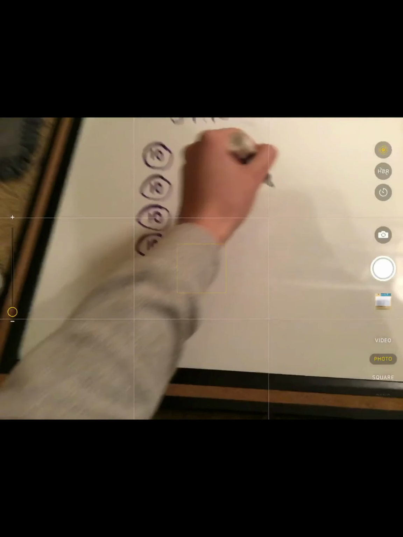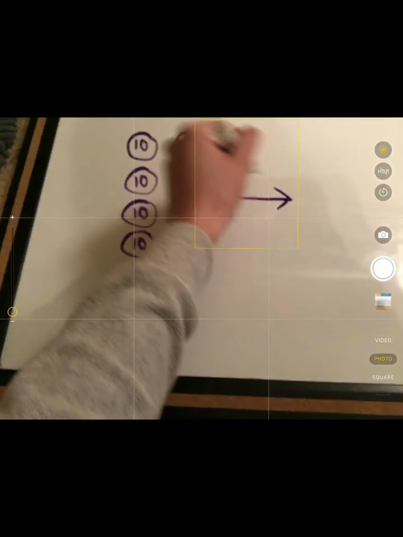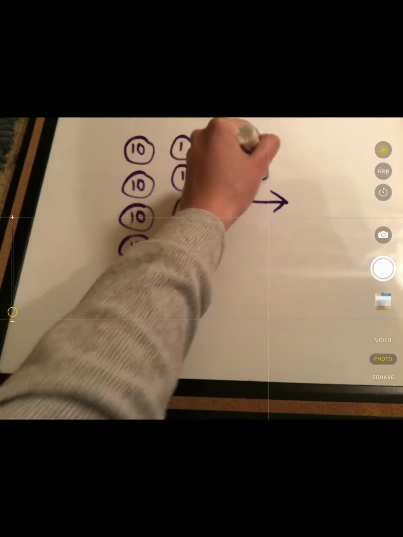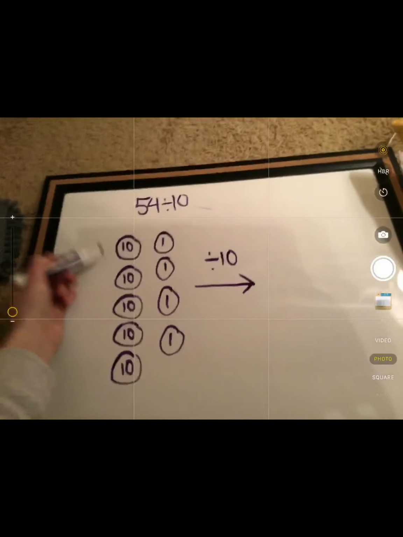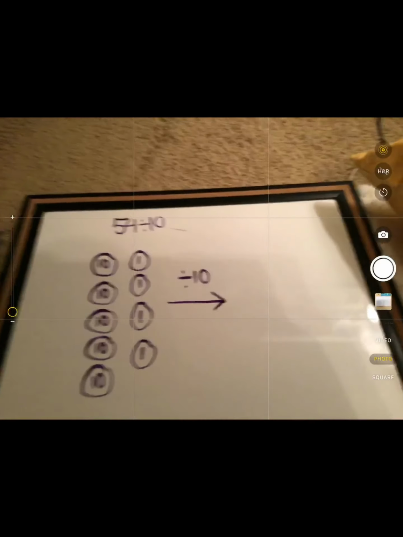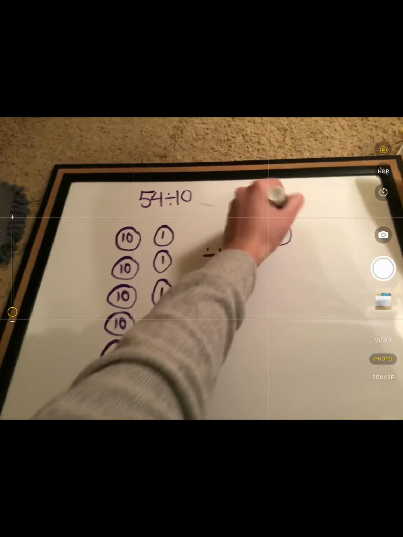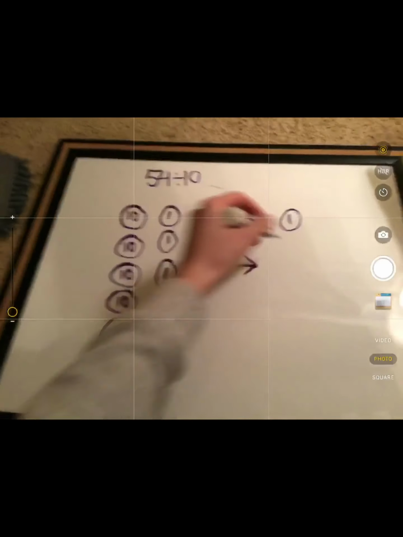So that is how I would decompose 54, but I need to divide that by 10. So now I would look at 10 divided by 10. Well, 10 divided by 10 is going to give me 1. And I would do that 5 times.